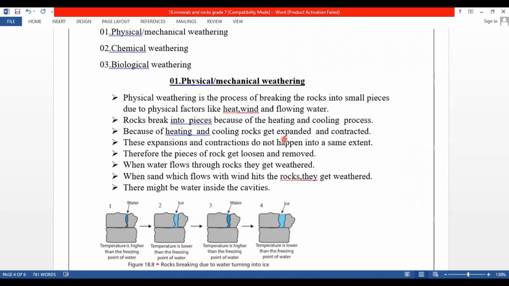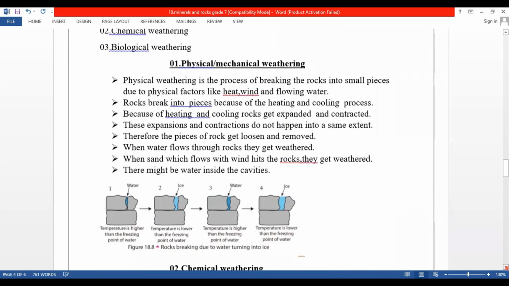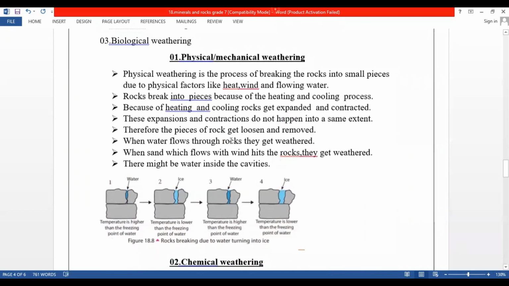Expanding and contracting are not happening in the same amount. Therefore, the pieces of rock get loosened and removed, because the rock does not contract by the same amount it expanded. So rock parts will be removed from the rocks.